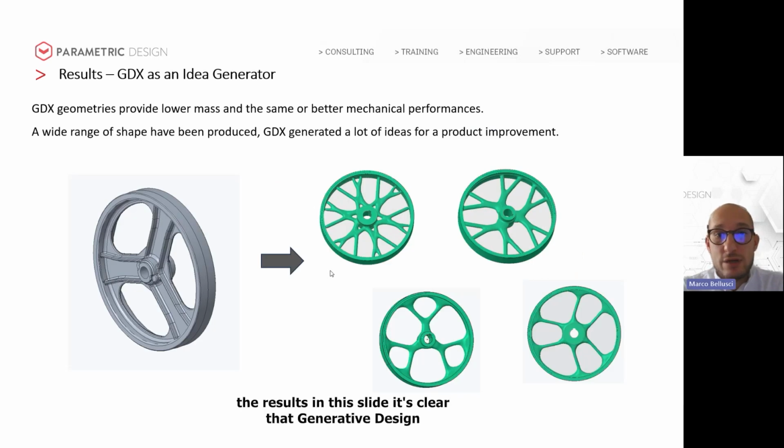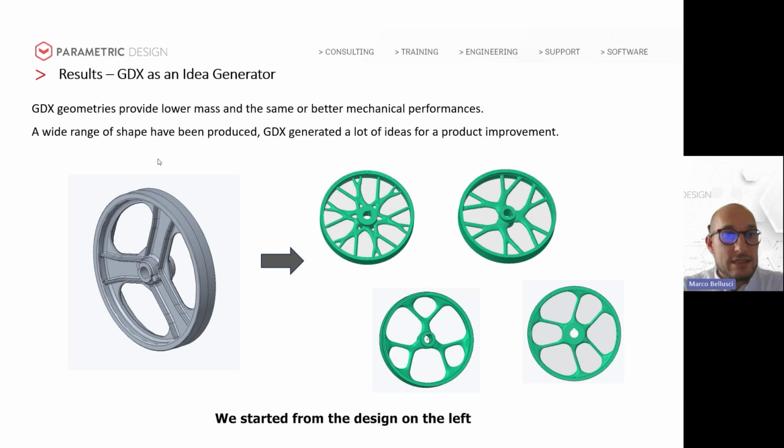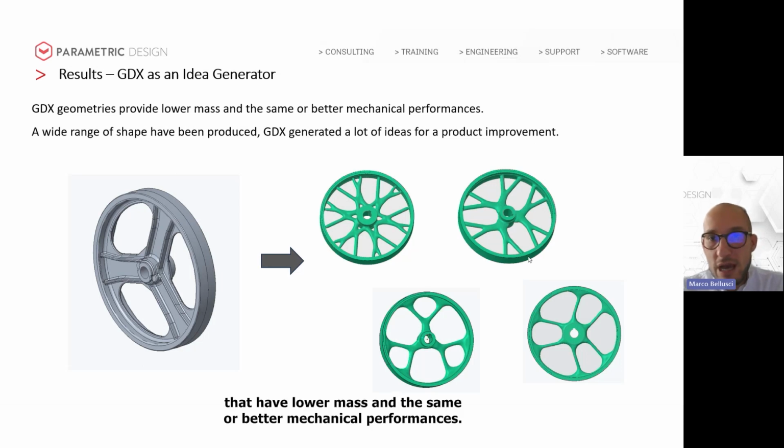So wrapping up the results in this slide, it's clear that generative design can be considered a really powerful idea generator. We started from the design on the left and got all the designs on the right that have lower mass and the same or better mechanical performances.